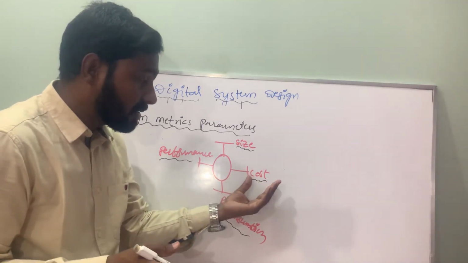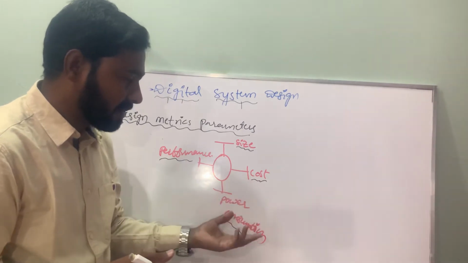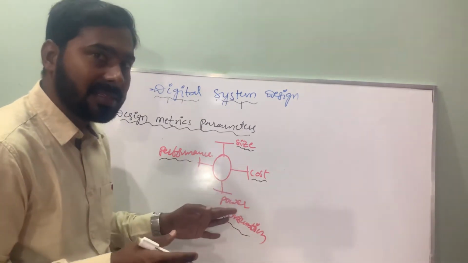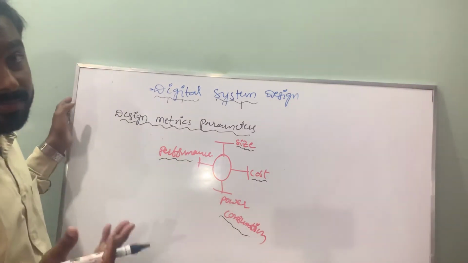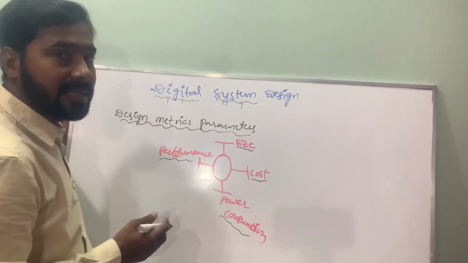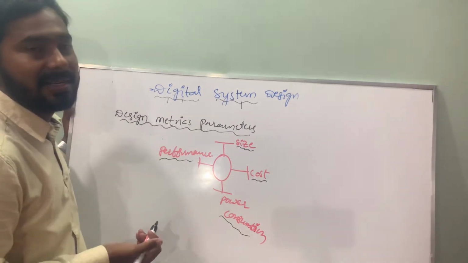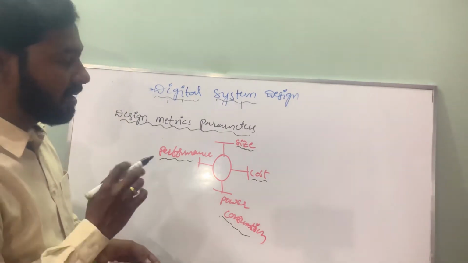Next, the cost is a major effect. Next, power consumption: the usage of power is reduced, and the performance of the device is also improved. Based on these four parameters, we can design digital or electronic circuits.